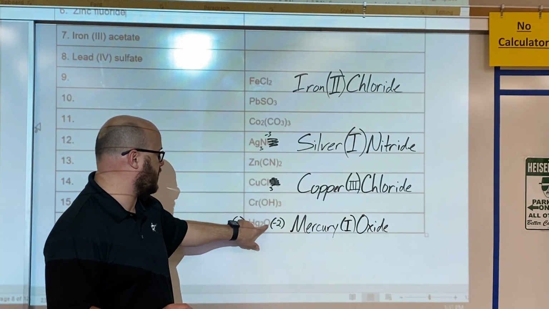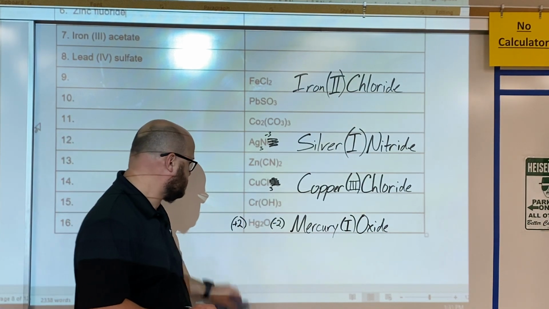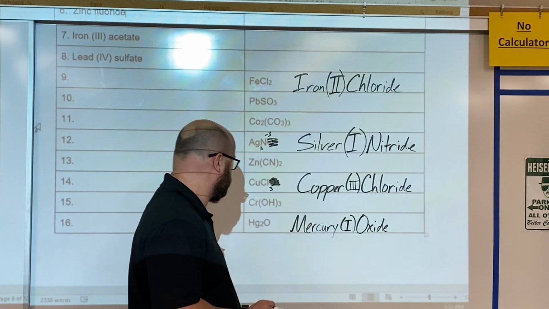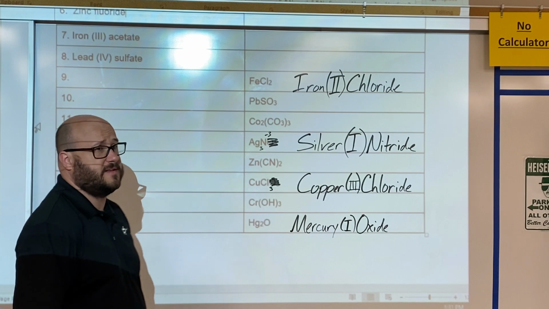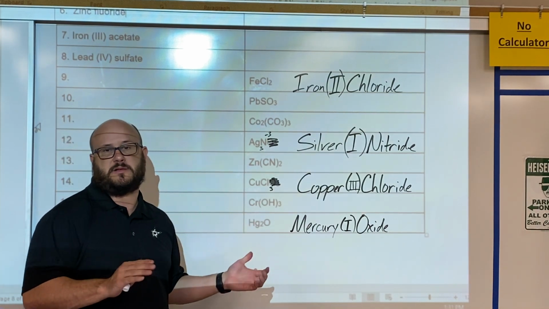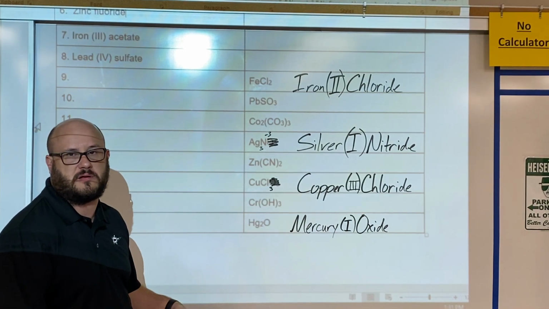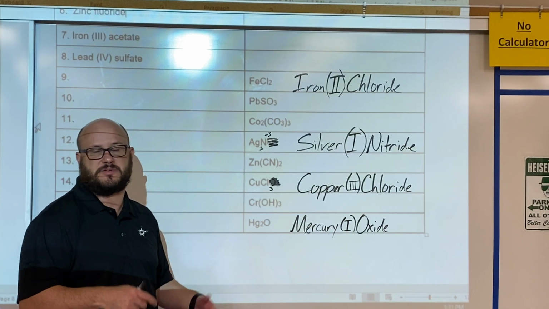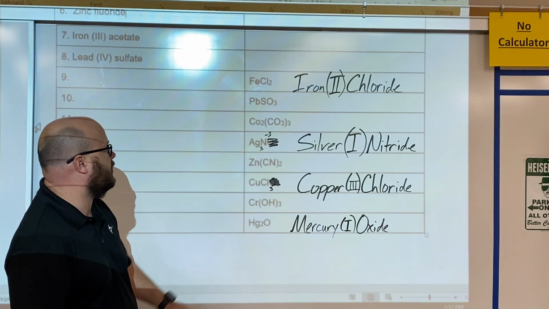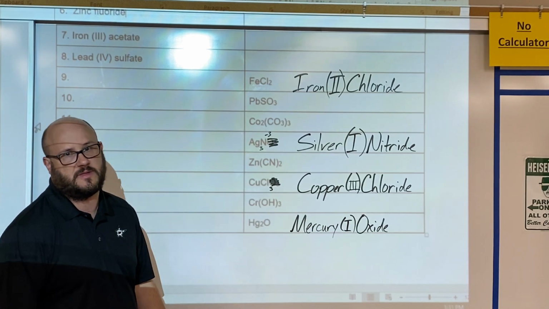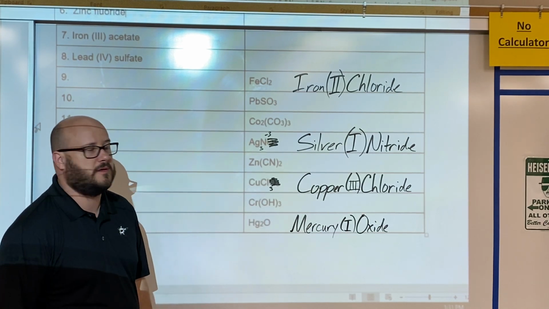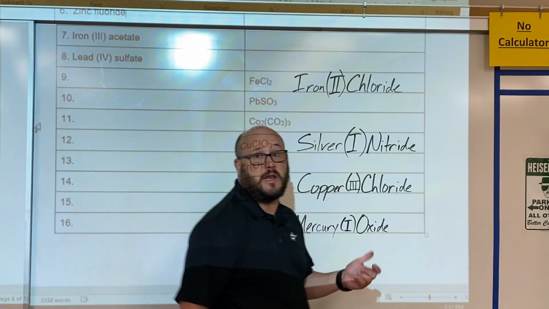Mercury 1 oxide. We're not going to get super involved with transition metals because they don't function as well as our representative class does. But we will have to know how to name and formulate these for our test and moving forward. Next up will be the polyatomics.